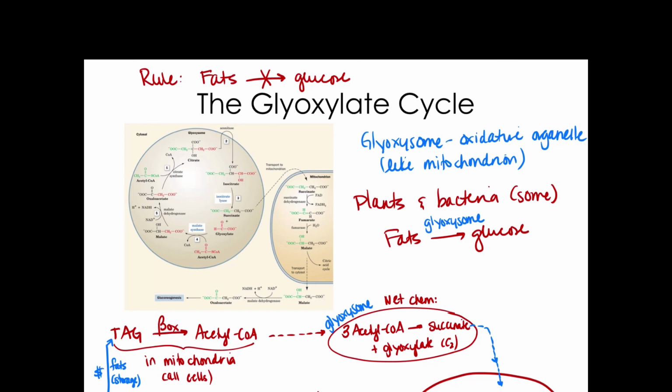Seeds are very rich in fats and oils. So we can take the oils and fats that are present in seeds and they can convert them essentially to glucose, which has uses either as starch for plant food or cellulose for plant growth. So again, this important pathway allows plants to store things very efficiently as fats, but then when needed, be able to convert them to glucose for growth.